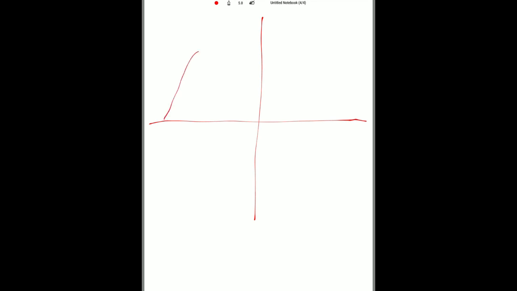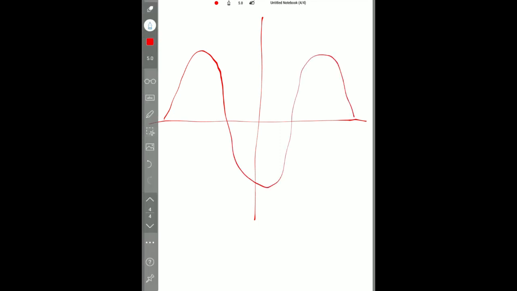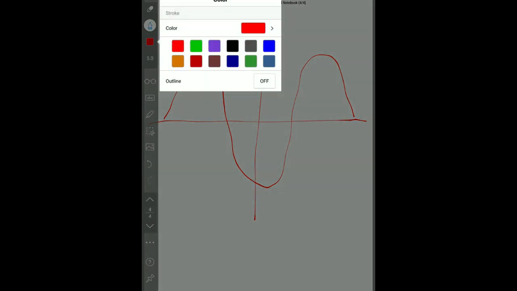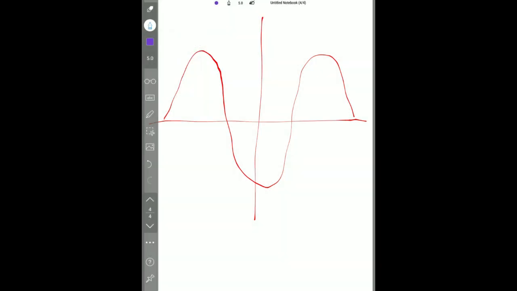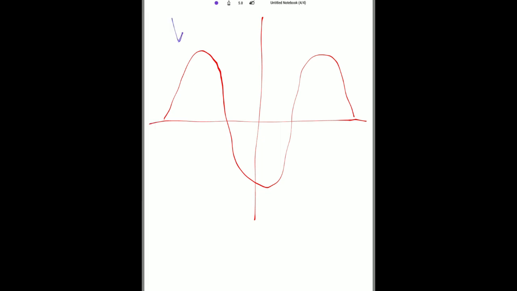It goes up, down, up, down. Now that's our curve. Let's change the color. Now notice that for this curve, let's start over this side. The gradient is increasing, increasing, stationary, decreasing, decreasing, decreasing.